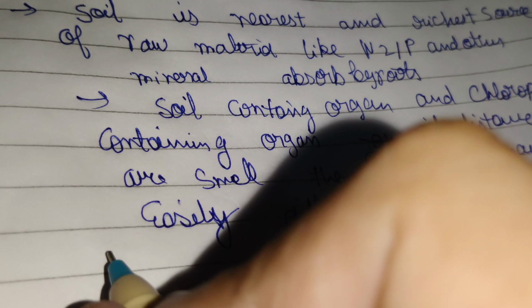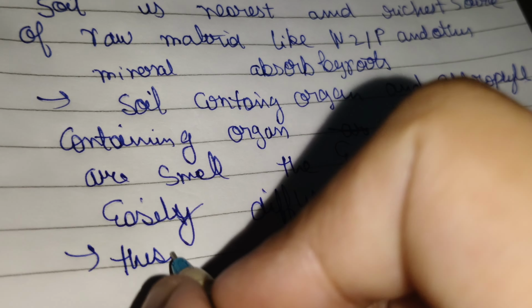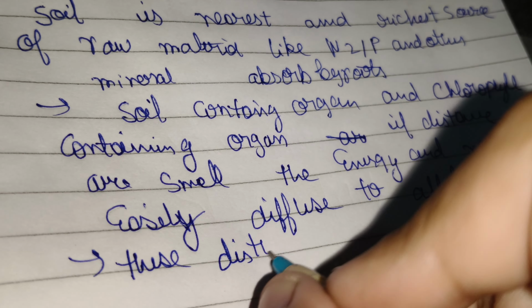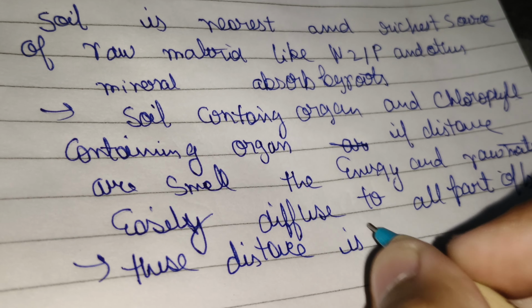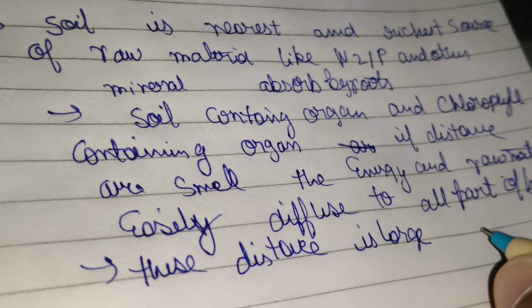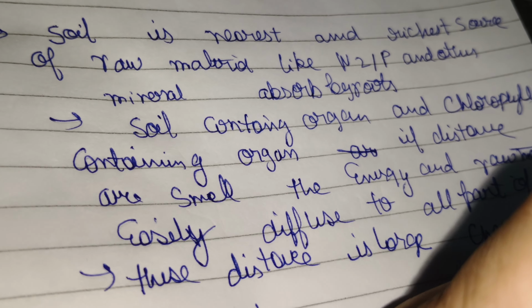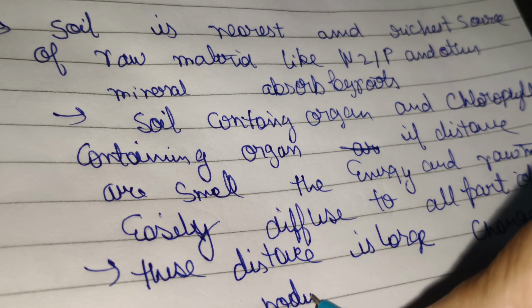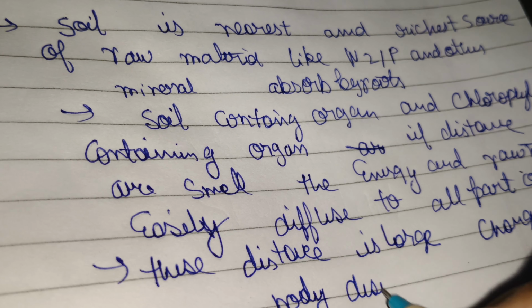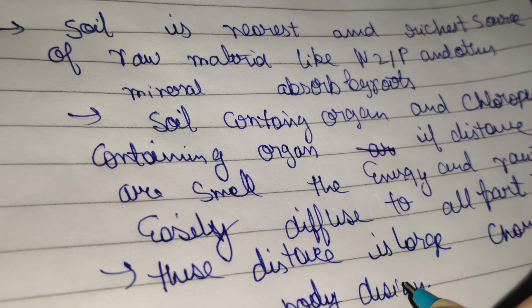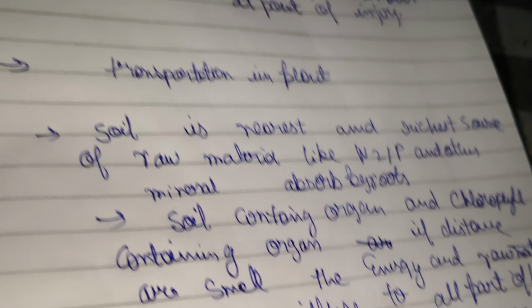But if this distance is large, as with a change in body design, as we see in a large tree, the distance between the soil containing organ and the chlorophyll containing organ is very large.